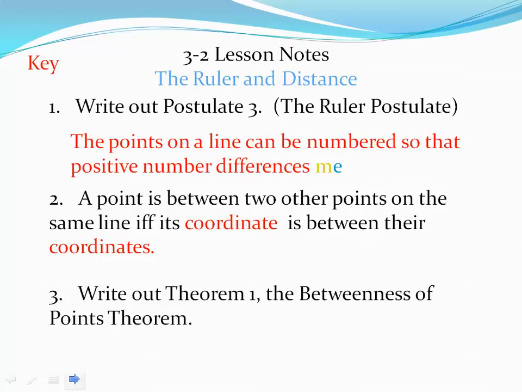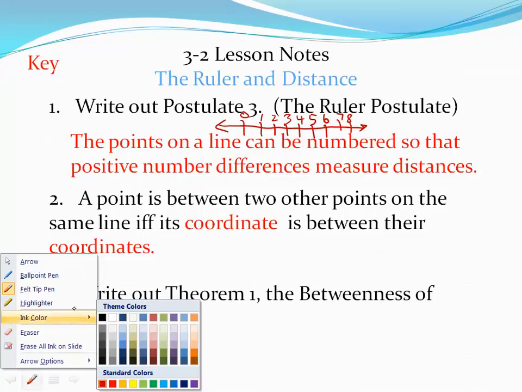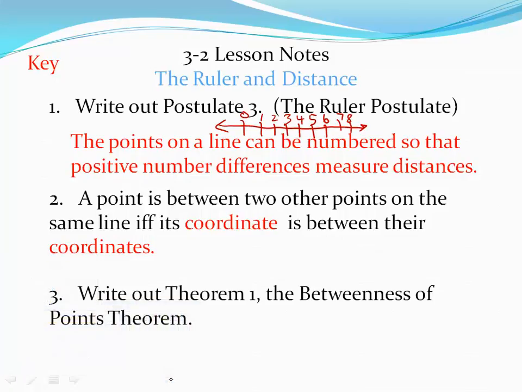Write out postulate 3. The points on a line can be numbered so that positive number differences measure distances. So, for instance, if we have number lines, rulers, whatever we have, and I want to know the distance between here and here, 7 and 2, it's just 7 minus 2.